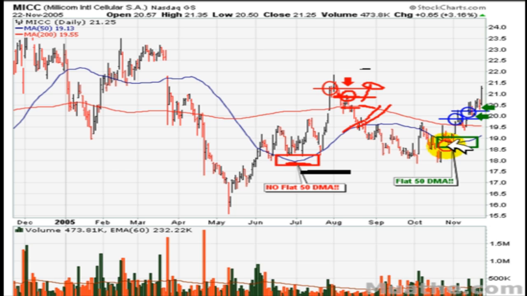Now, notice the second setup. First, we notice a flat 50-day moving average. Good. And then we see a flat 200-day moving average. So in this particular example, the only way this 50-day moving average can cross over the 200-day moving average is if the price moves higher, substantially higher.